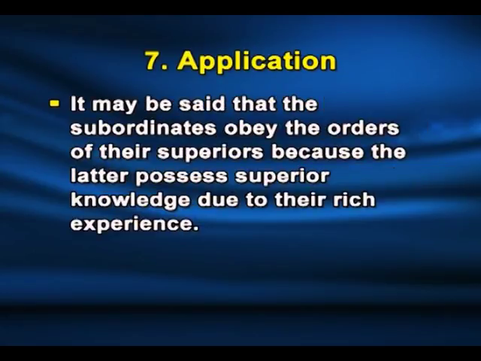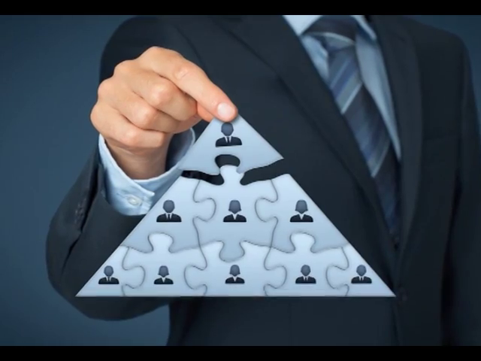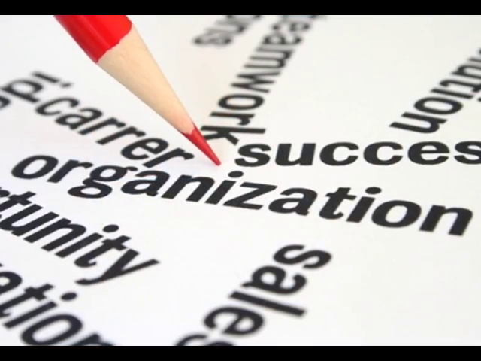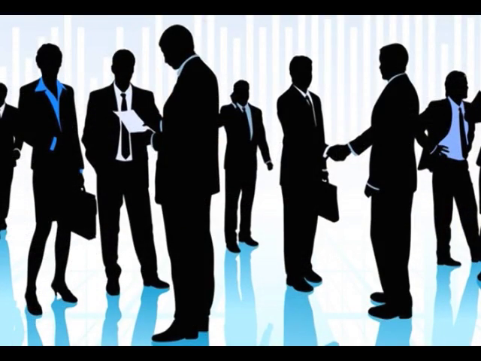It may be said that the subordinates obey the orders of the superiors because the latter possess superior knowledge due to their rich experience. Sometimes it is true that the subordinates possess more information due to their handling of the problems than the superiors do. For this reason, their decision would be accepted by their superiors.